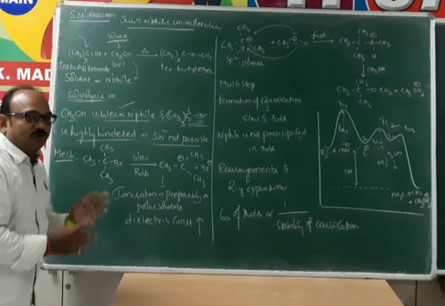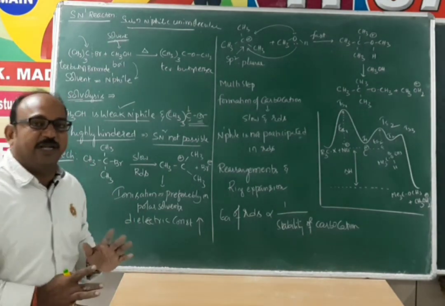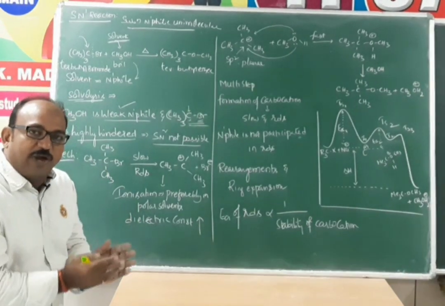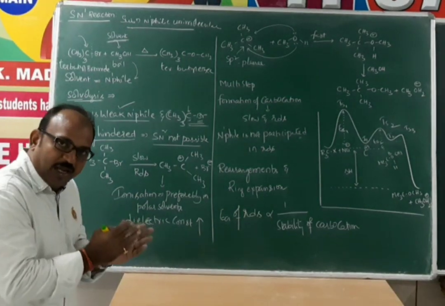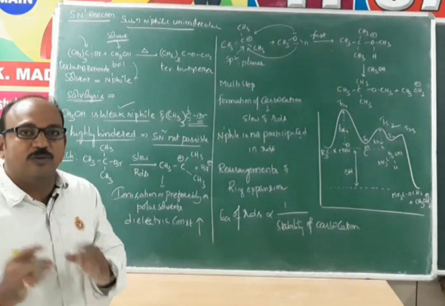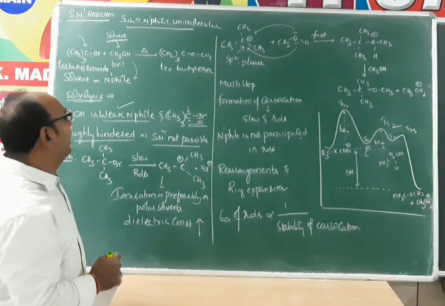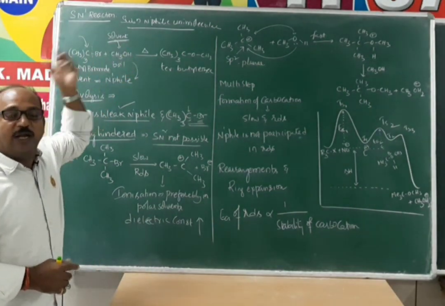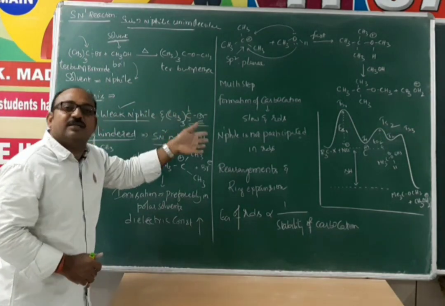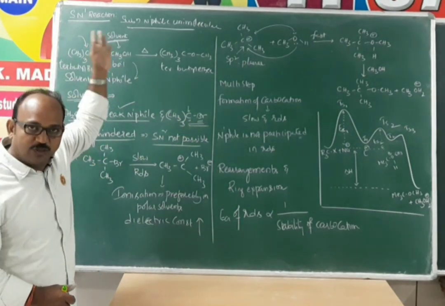So here you come to one conclusion, that the conditions required for SN1 are completely different from SN2. What conditions are required for SN2? We need a strong nucleophile and a less hindered substrate to get the SN2 product.